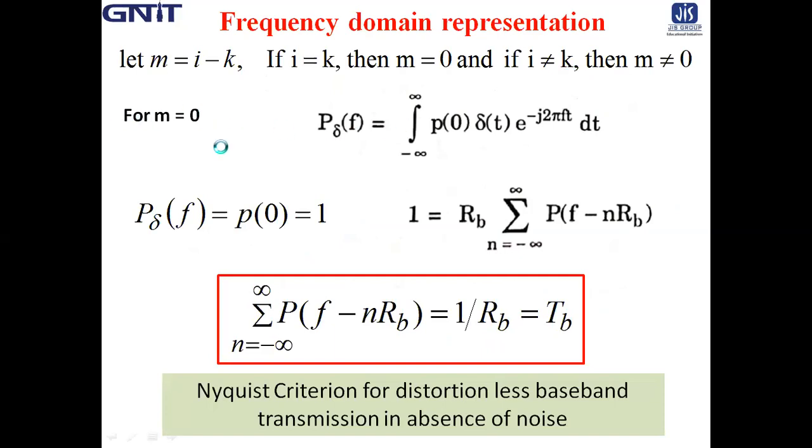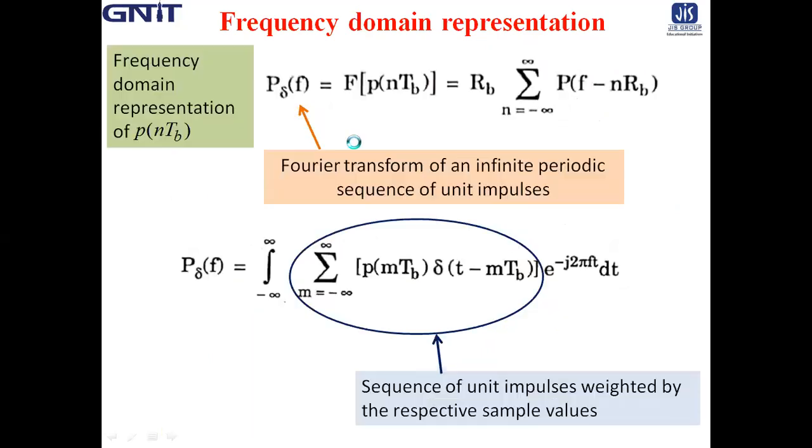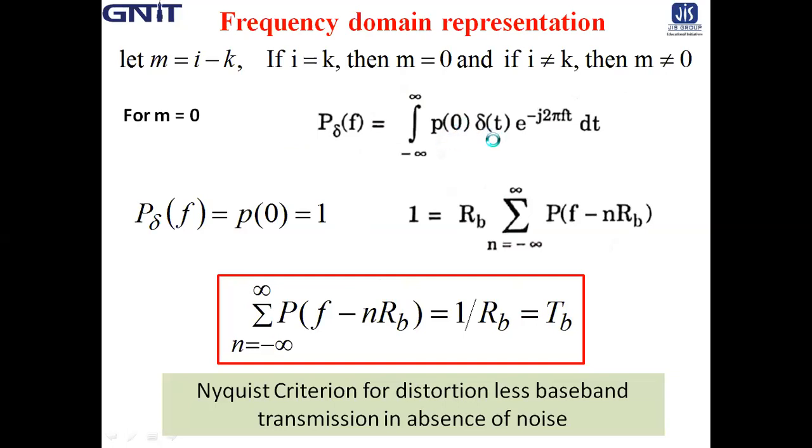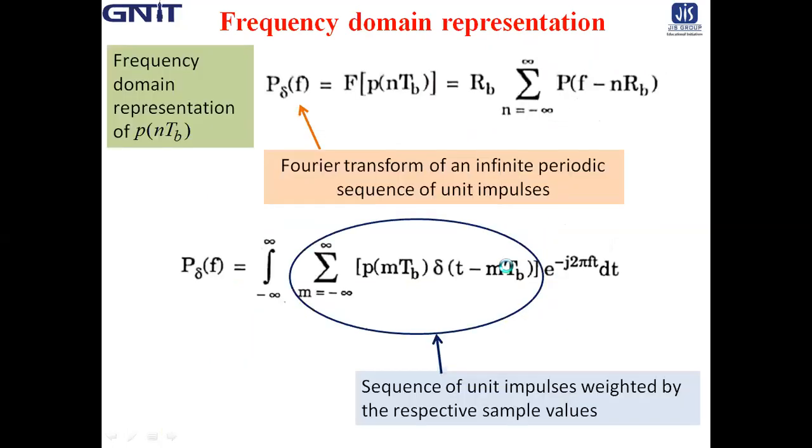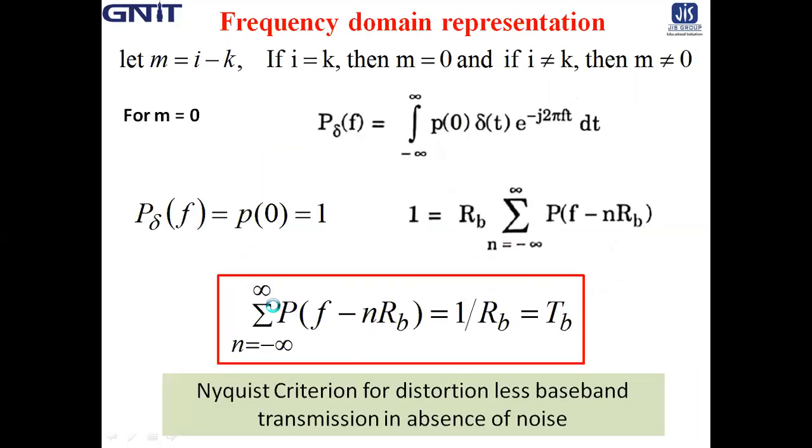Now, for m equal to 0, P_δ(f) is like that: first term p(0), then the second term, δ(t) into e to the power minus j 2 pi f t dt, over integration minus infinity to plus infinity. See this expression, which is for m equal to 0.